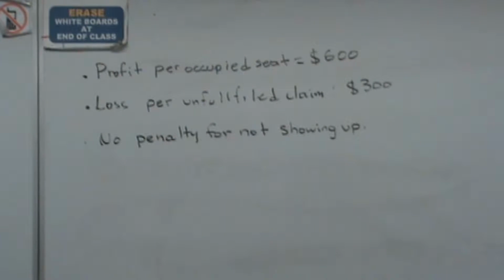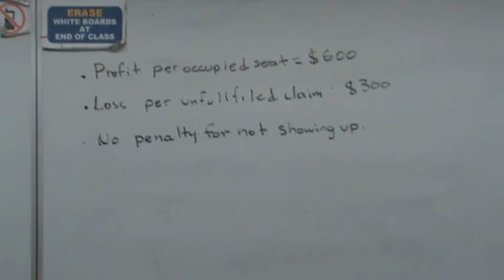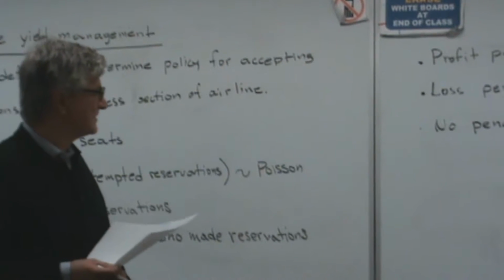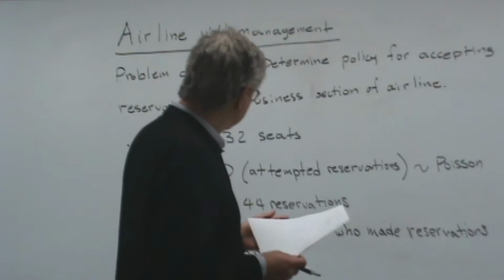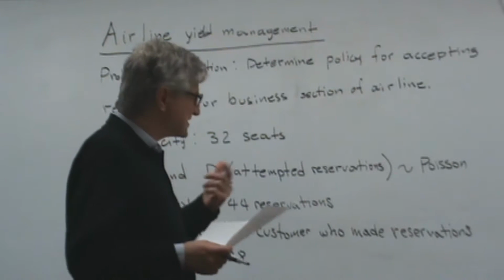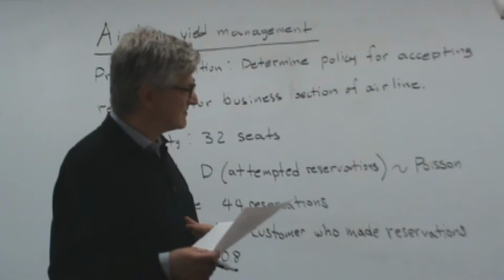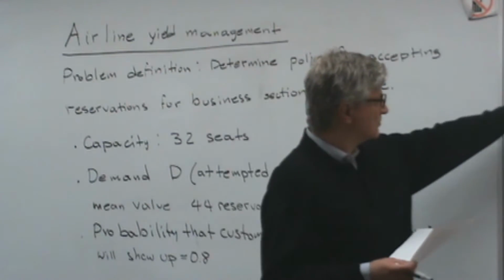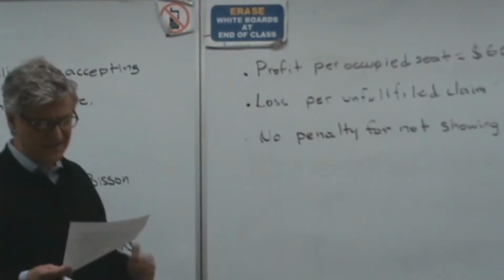This is, as you see, a perk for business class, if you want to pamper the customers who pay quite a bit of money. On the other hand, the airline can sell more seats than are available, and it will have to compensate the customer by $300.